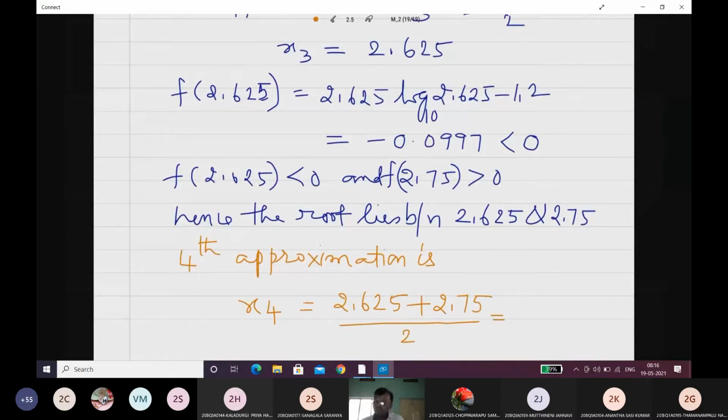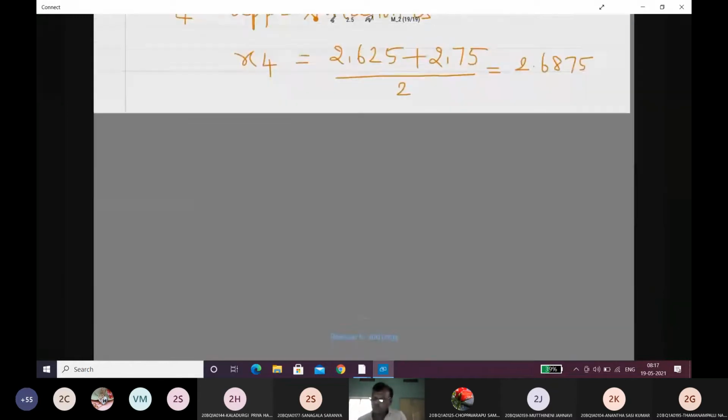That is equal to, what is its value? 2.6875. Now immediately we can calculate the value of f of 2.6875. Shall I move the slide? Yes, sir.